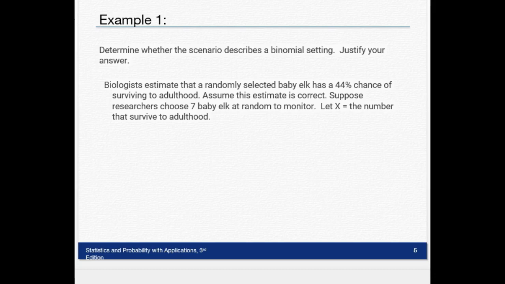All right, so we're going to use those 4 criteria, BINS, B-I-N-S, to see if it describes a binomial setting. It has to do all 4. So the B was for binary. What that means is you have to clearly tell me what a success means and what a failure means in this situation. We're looking at surviving to adulthood. So success is surviving. Failure is dying, not making it.